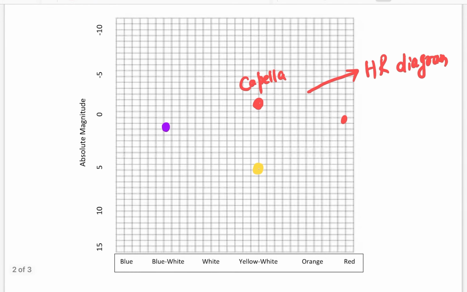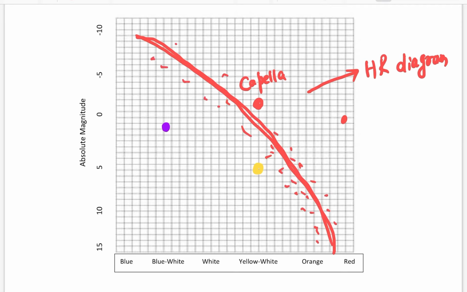Let me draw a graph here. It should look like this. You will see that most of the stars would fall here, and there would be a few stars here and a few stars here. So this is how the distribution would look.